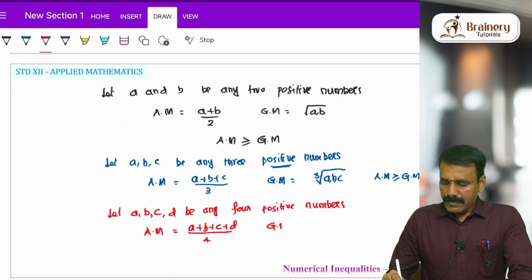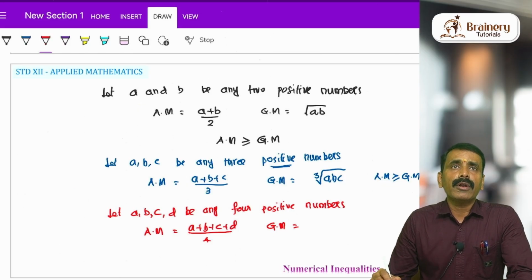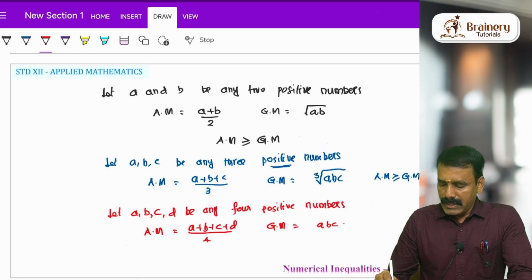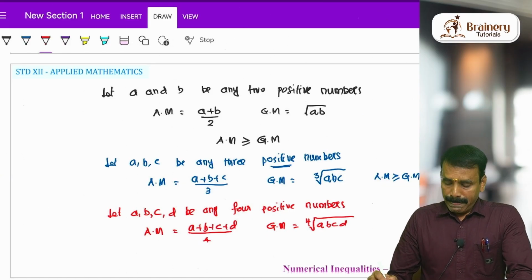For the geometrical mean we find the product of four numbers A, B, C, D. Since we multiply four numbers, we have to take the fourth root of the product. So here also we have the condition AM is greater than or equal to GM.